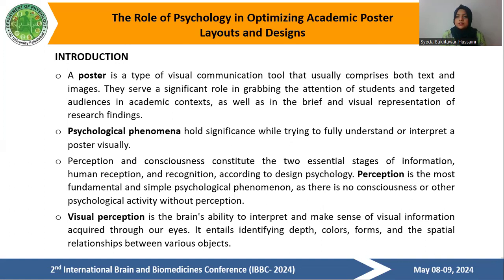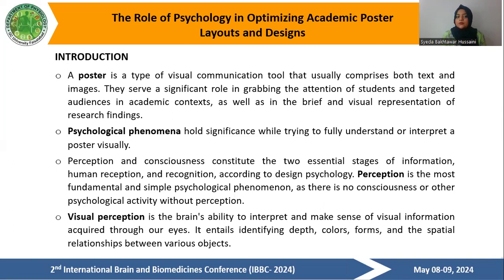Perception and consciousness constitute the two essential stages of human information reception and recognition. According to design psychology, perception is the most fundamental and simple psychological phenomenon, as there is no consciousness or other psychological activity without perception.